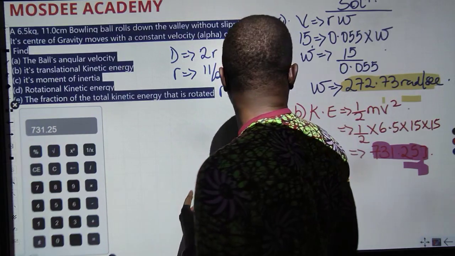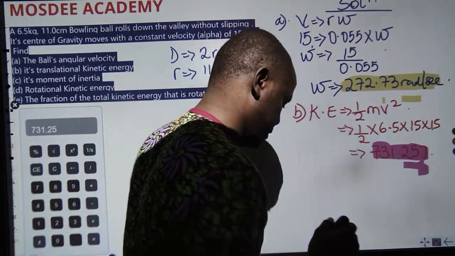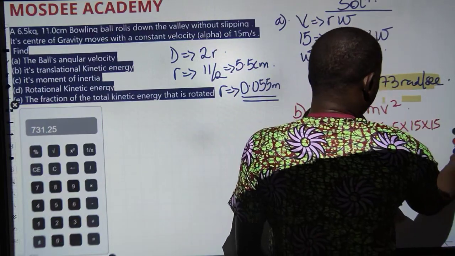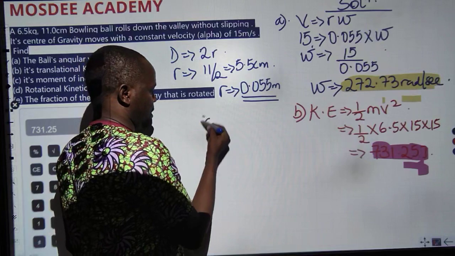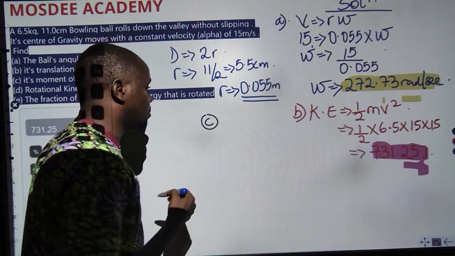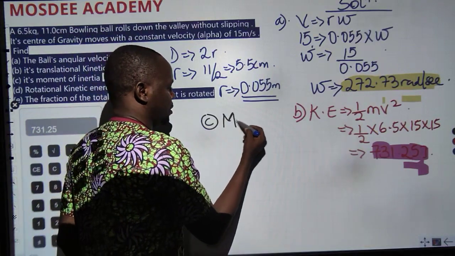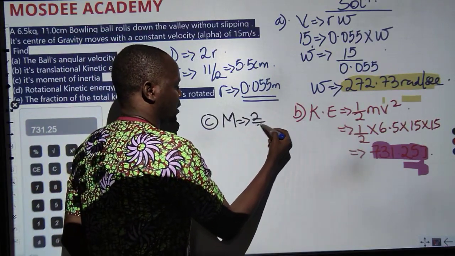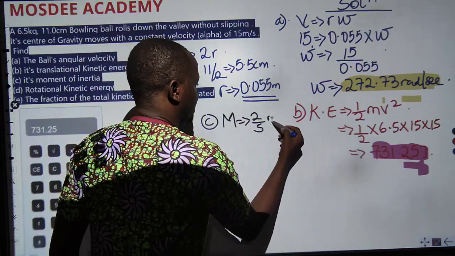So let's do that together. The C part. I'm going to manage one part of this side so that we can have it done correctly. So let's take this black. And for the C part, we have the moment of inertia. Its moment, capital M, equals 2/5 mr squared, with small letter m.